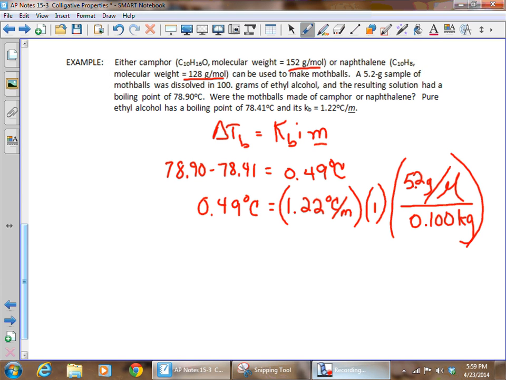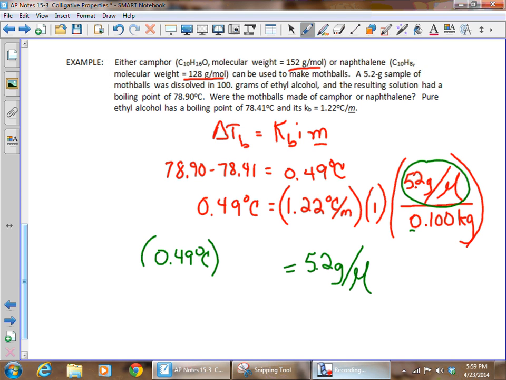So we can take out this part, the 5.2 grams divided by the molar mass is going to be equal to 0.49 degrees Celsius times the 0.1 kilograms. We're going to multiply both sides by that.